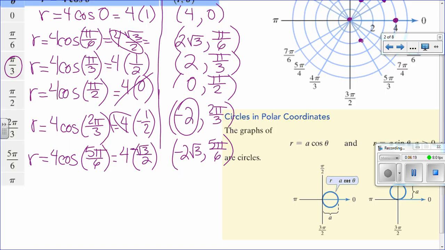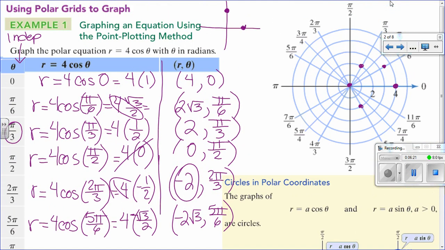So on the graph, we find 5 pi over 6 as an angle, which happens to be right here. Then the radius will be approximately 3.5, but it happens to be negative, so the point will be opposite to that. So 1, 2, 3.5, so right here.